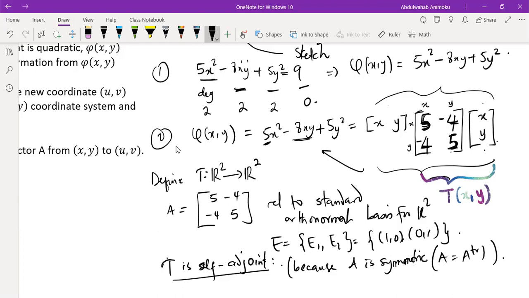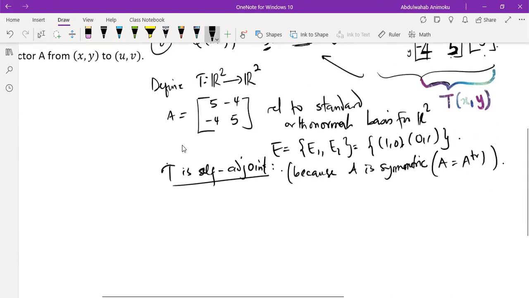It's hard to sketch. Because we understood how to diagonalize a matrix, and we also know that a self-adjoint transformation is diagonalizable because of the spectral theorem, which was mentioned in previous videos. The link is down in the description. Make sure you go through the rest of the videos to have a solid understanding of this.